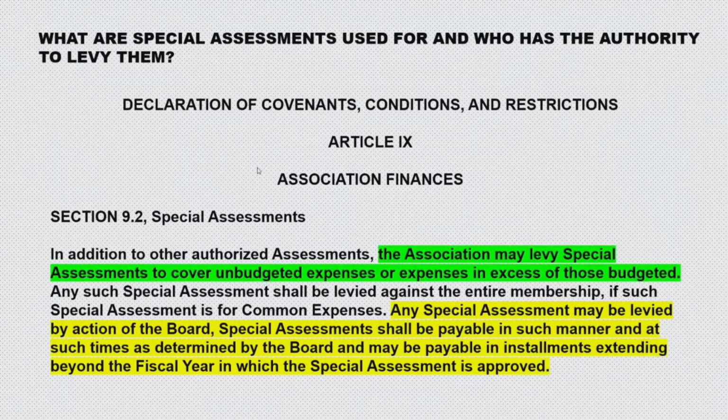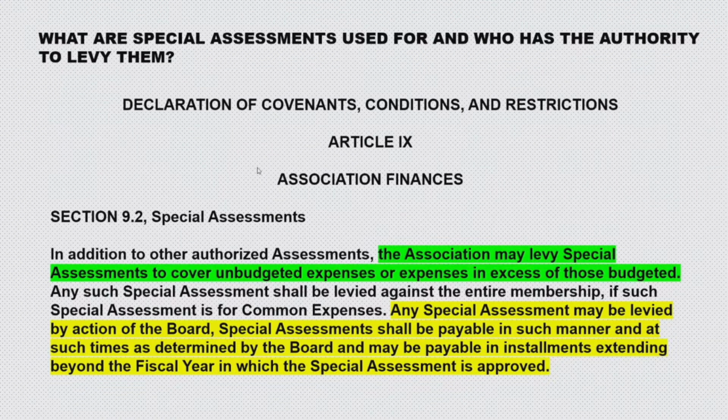What are special assessments used for, and who has the authority to levy them? Well, under the Declaration of Covenants, Conditions, and Restrictions, Article 9, Association Finances, Section 9.2: In addition to the other authorized assessments, the association may levy special assessments to cover unbudgeted expenses or expenses in excess of those budgeted.